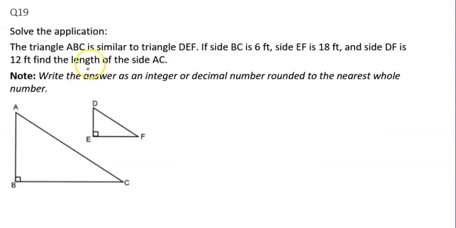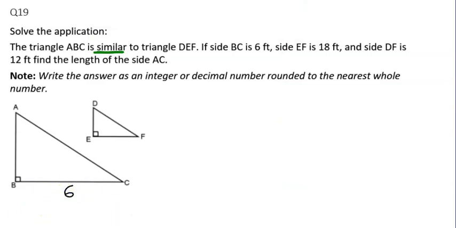Similar triangles, you can use proportion of corresponding sides. So they say that ABC is similar to DEF. And then they start to give you the numbers. Side BC, this one is 6.